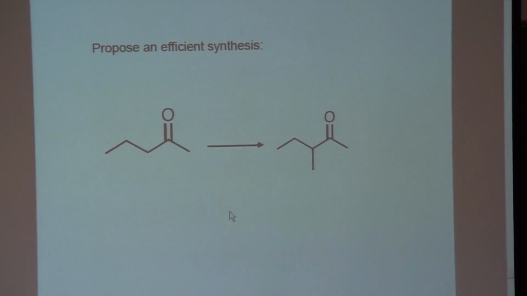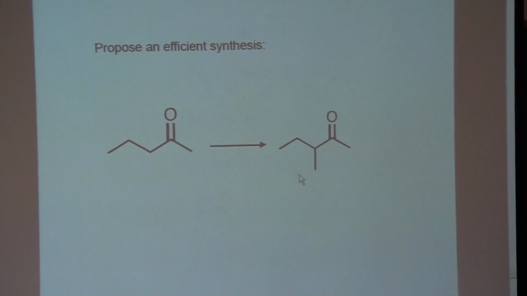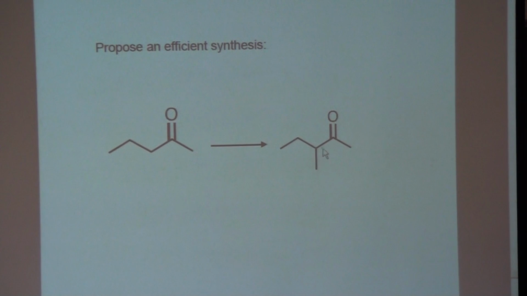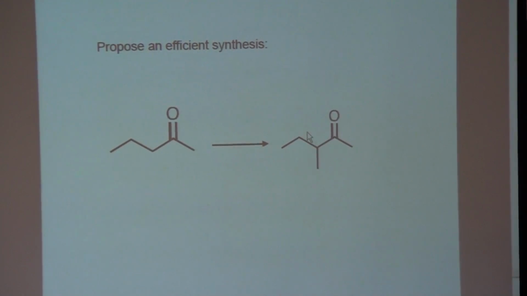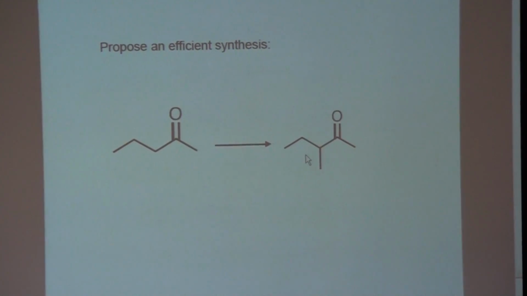Is there another way to do it? Yeah, that will work. Oh, that's an alcohol. Note here that we want to put this methyl group on which carbon? That's the alpha carbon. Whenever you see that alpha carbon, we know we can do what with it? The acidic proton. Yes, there's that acidic proton.